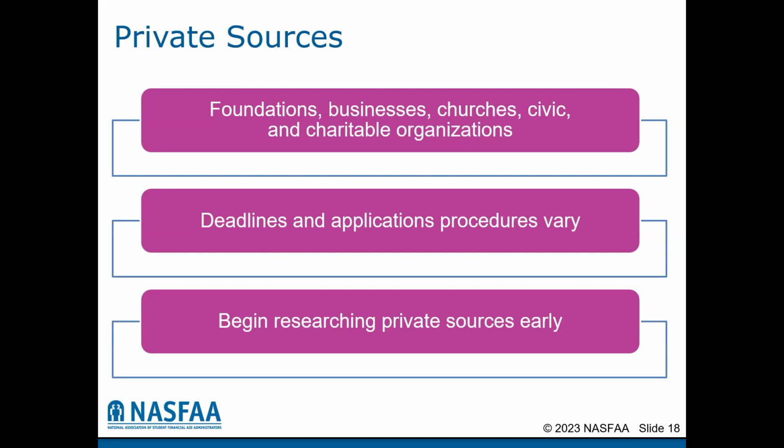Deadlines and application procedures may vary depending on each individual organization. Private donors often develop their own application and eligibility criteria and procedures. Students should start researching these opportunities during their junior year or early senior year to take advantage of as many financial resources as they can.